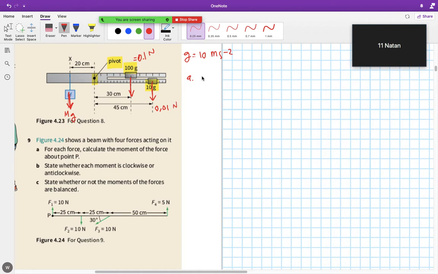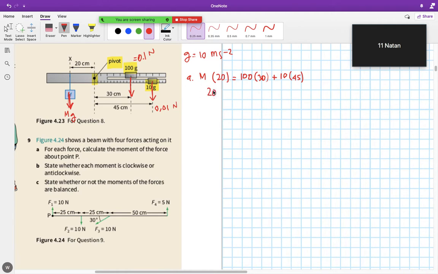So on A, this mg, the distance is 20 centimeter, and it will be equal to, if we still use gram, 100 gram times distance 30, plus the second one, 10 gram, times perpendicular distance 45. I missed the G, but we don't use G, since it is actually times G on both sides.